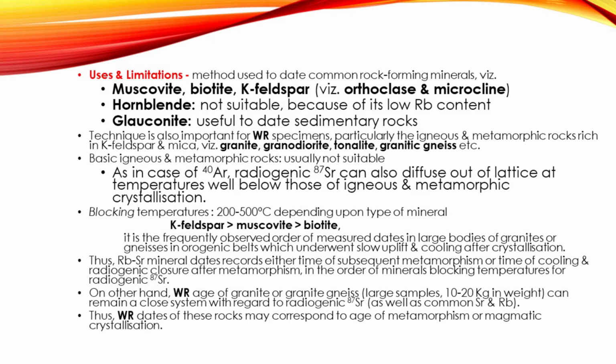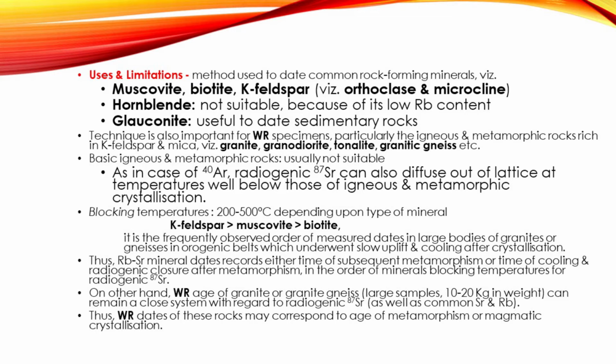On the other hand, the whole rock age of granite or granite gneiss, for which large samples are needed, the size should be 10 to 20 kg in weight. They can remain a closed system with regard to radiogenic strontium-87 as well as common strontium and rubidium. Thus, the whole rock dates of these rocks may correspond to the age of metamorphism or magmatic crystallization.